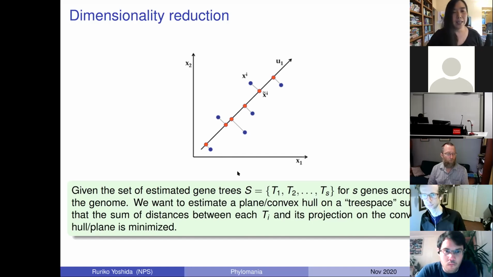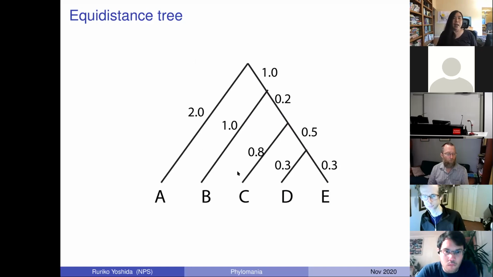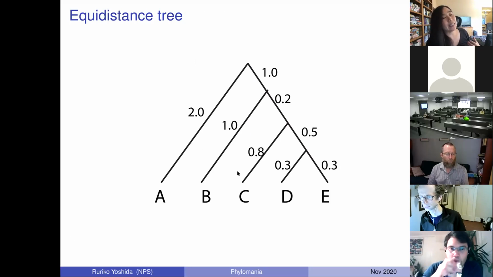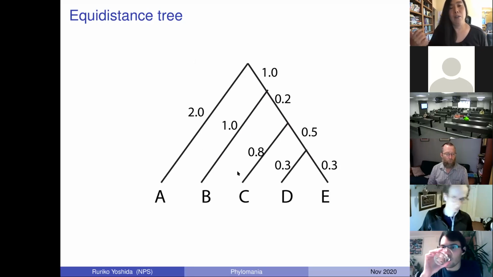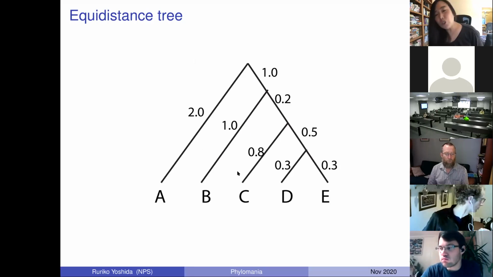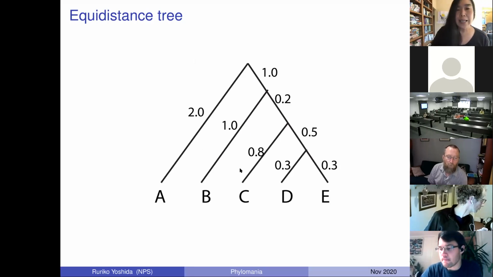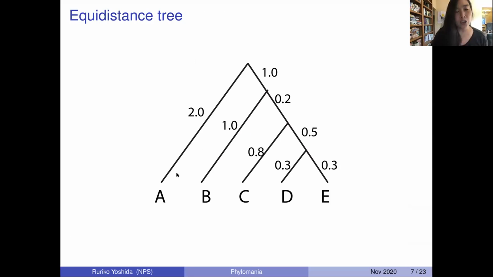For the tropical metric, it's natural to use equidistant trees. An equidistant tree is a rooted phylogenetic tree such that the root to each leaf has the same distance.